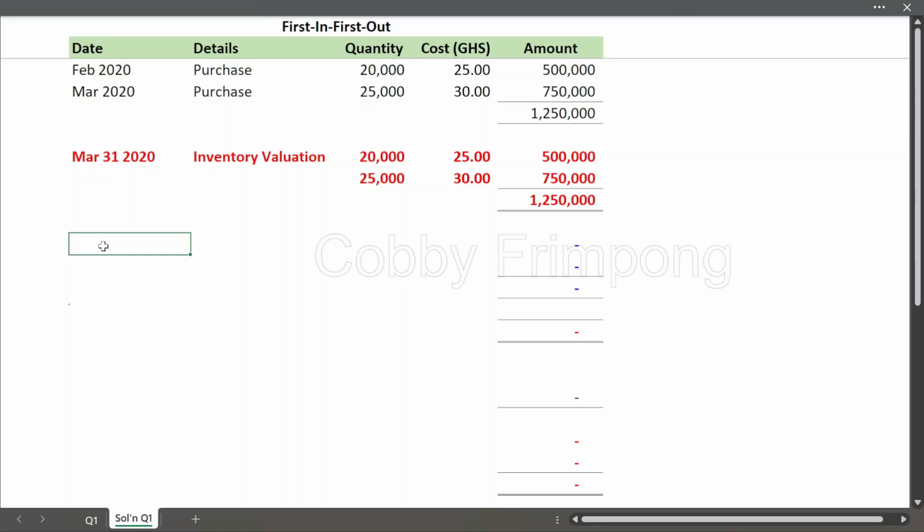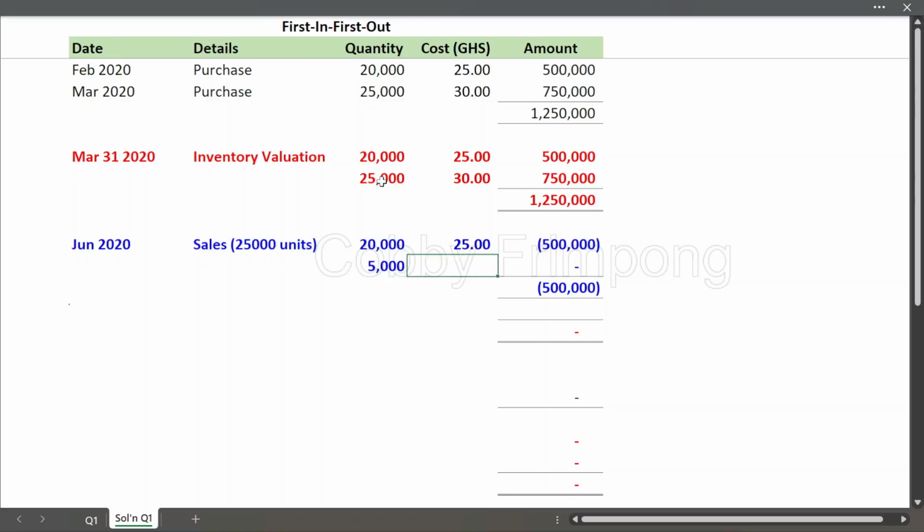June 2020, it is a sales transaction, 25,000 units. First, we sell all of the 20,000 units at 25, giving us 500,000. And then we sell 5,000 units out of this 25,000 units at 30.